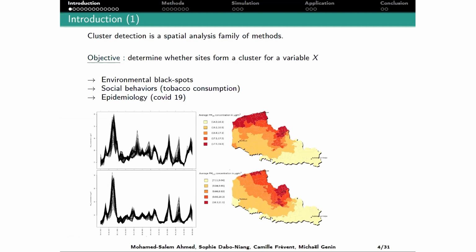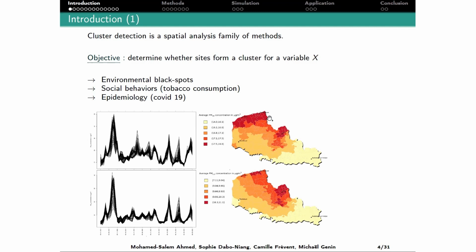The topic of spatial scan statistics is to detect clusters from a spatial point of view, where a random variable or a set of random variables we are interested in are observed at places like here in the north of France. This is the region where I live in Lille, called Nord-Pas-de-Calais.